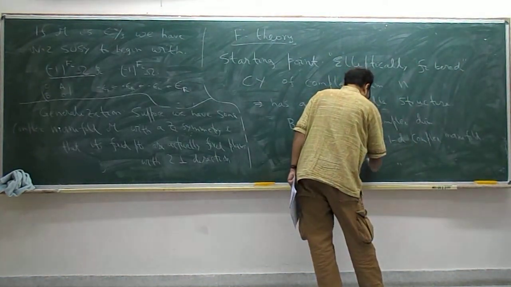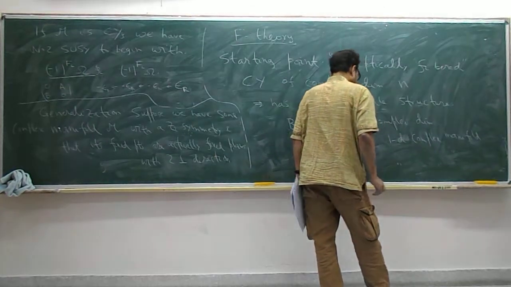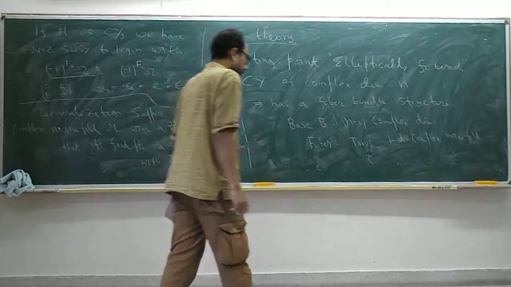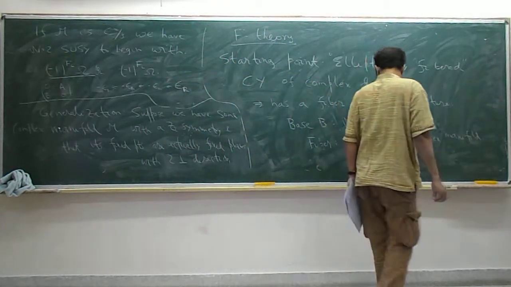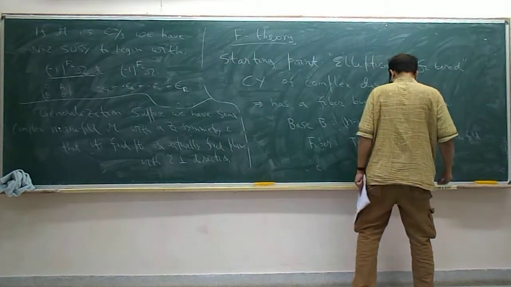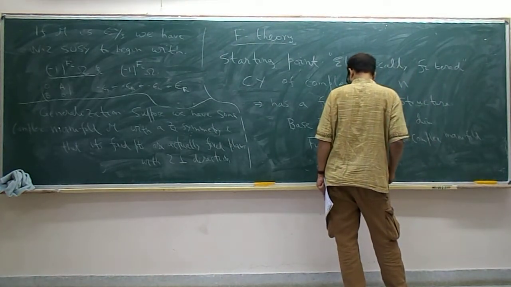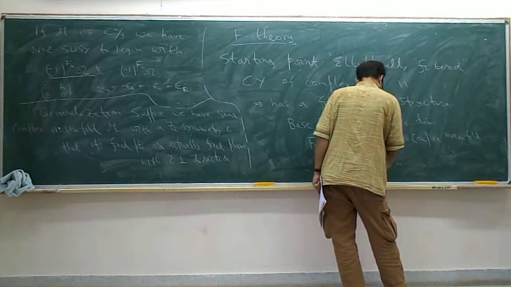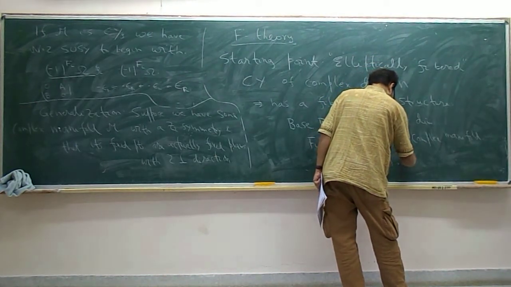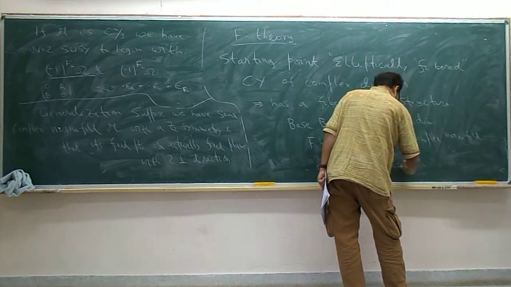And tau of the torus, this is of course always the structure of a fiber bundle, tau of the torus varies as a function of z. These are the base coordinates.